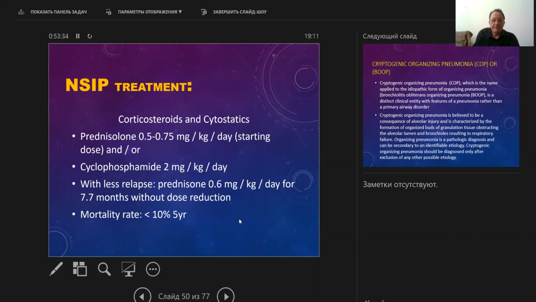But if we prescribe a more significant dosage of prednisolone, for example, according to clinical trials, prednisolone 0.6 milligram per kg per day for a duration of 7.7 months without dose reduction, it's accompanied by less relapse of disease, and a mortality rate less than 10% after 5 years. Of course, this is for non-specific interstitial pneumonia.